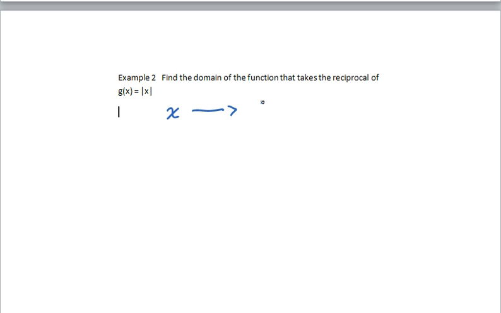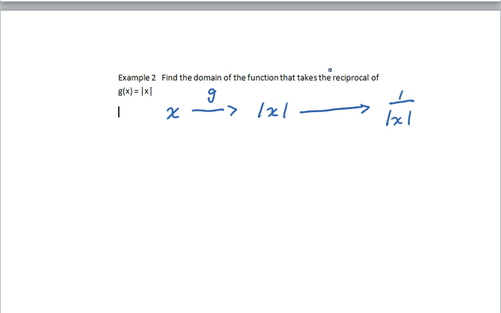It goes to the absolute value of x by the function g, and then it goes to 1 over the absolute value of x by the reciprocal function.